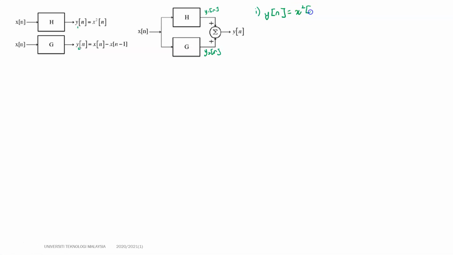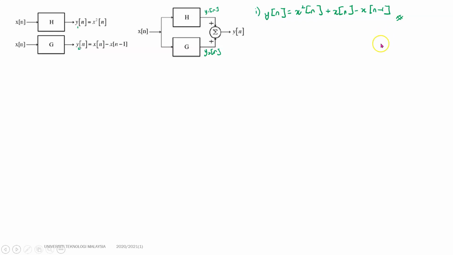So x squared n, plus. All the symbols or signs here are also positive signs. We just have to add xn minus xn minus 1. So that's it for question 1. Simple as that. When the question asks you to express mathematically, it means you have to derive the equation.